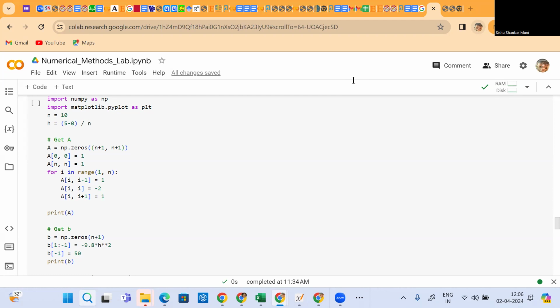Those are the boundary conditions, I mean. Those are already in our equation. Yes. Starting from the second row till the n minus 1th row, coefficients go in.